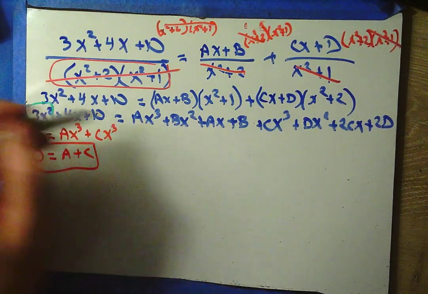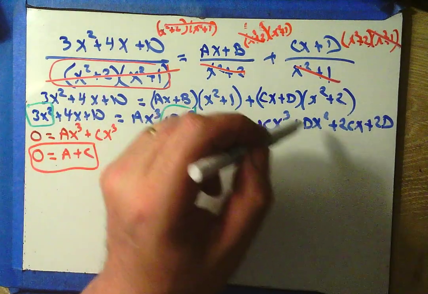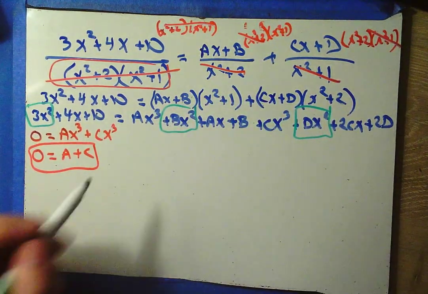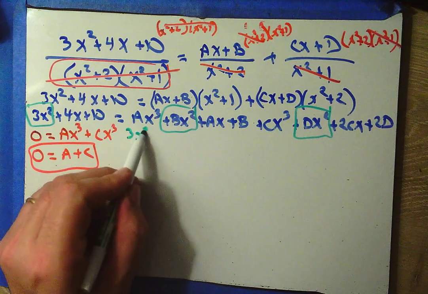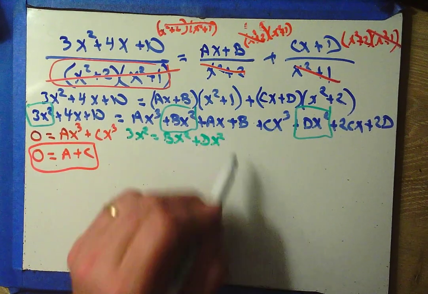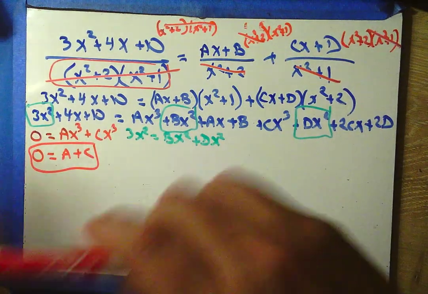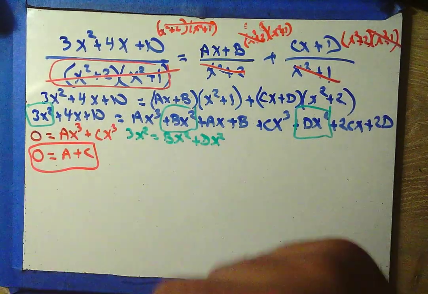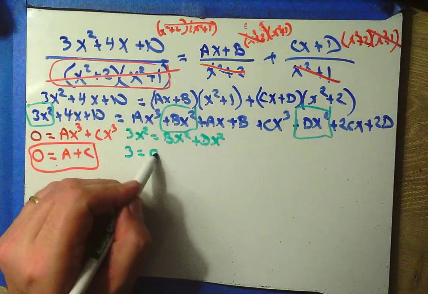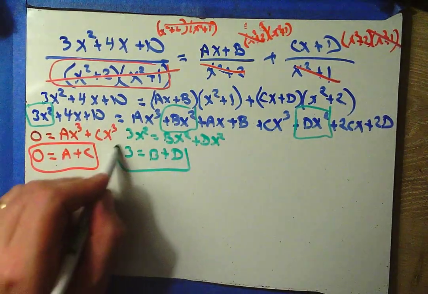Okay, so I've got x to the second, I've got x to the second, I've got x to the second. So I know that 3x squared equals bx squared plus dx squared. And that's going to then be, when I divide everywhere by x squared, 3 equals b plus d. Second equation.